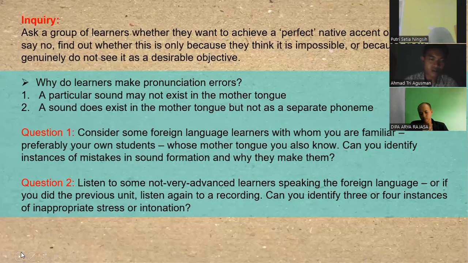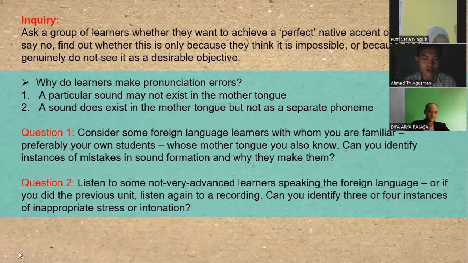Question number two. Listen to some not very advanced learners speaking the foreign language, or if you did the previous unit, listen again to a recording. Can you identify three or four instances of inappropriate stress or intonation?